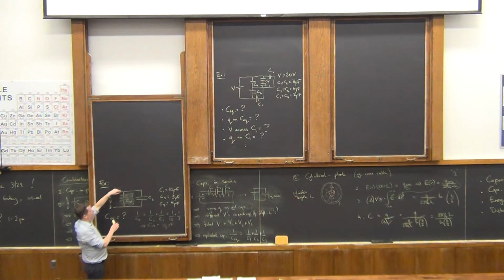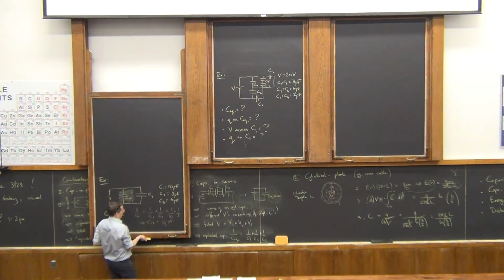Right, so these two are now in parallel. And again, if you are finding this necessary or helpful in the early stages and you practice this, ask yourself how many ways are there to go from point A to point B, passing through the elements that we're looking at now. So I can go either this way or I can go this way. So these are two capacitors now in parallel.